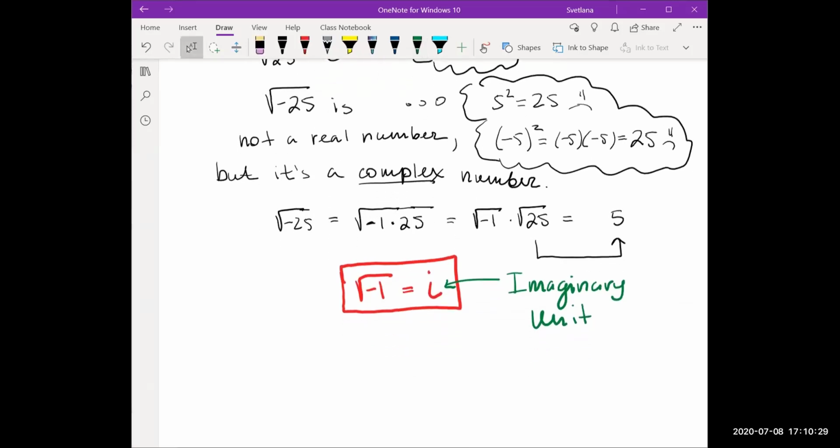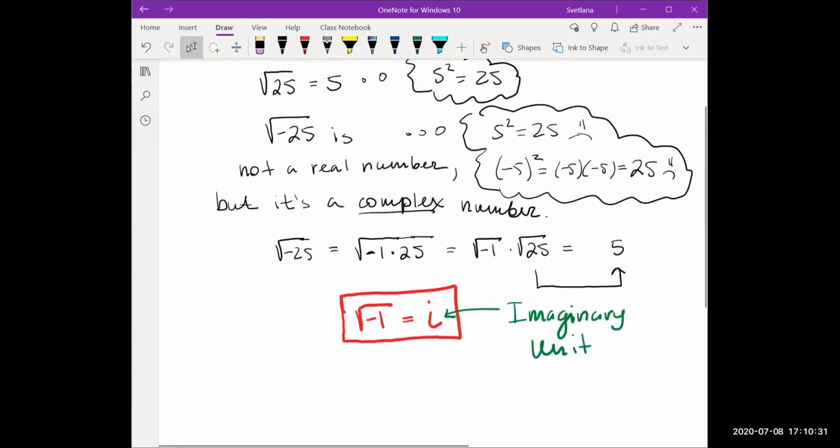Let me finish, and then I'll add something else here. Now, as I found out that the square root of negative 1 is i, it means that here I can put i right next to 5, right? So the square root of negative 1 is i, and the square root of 25 is 5.